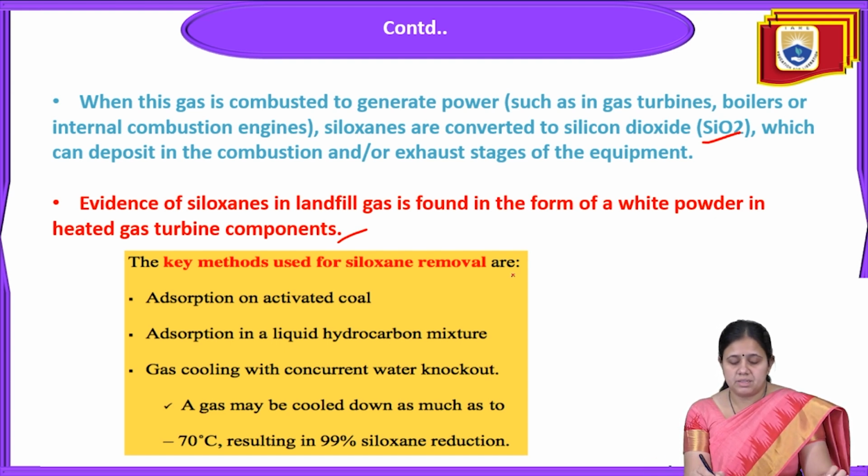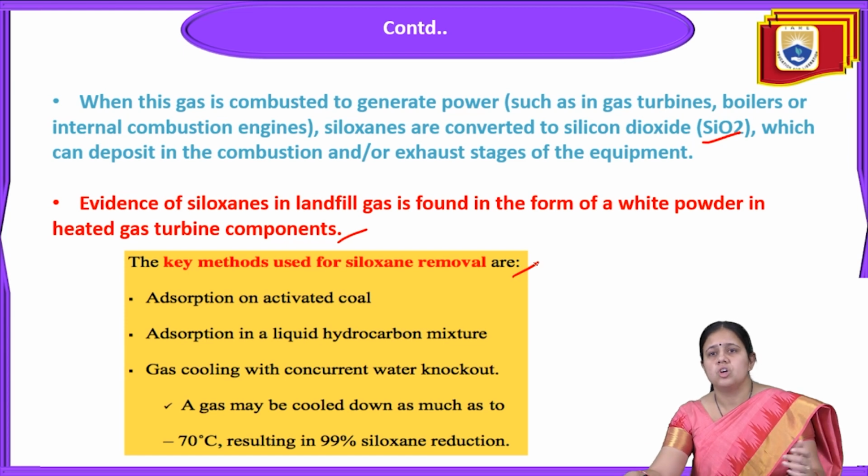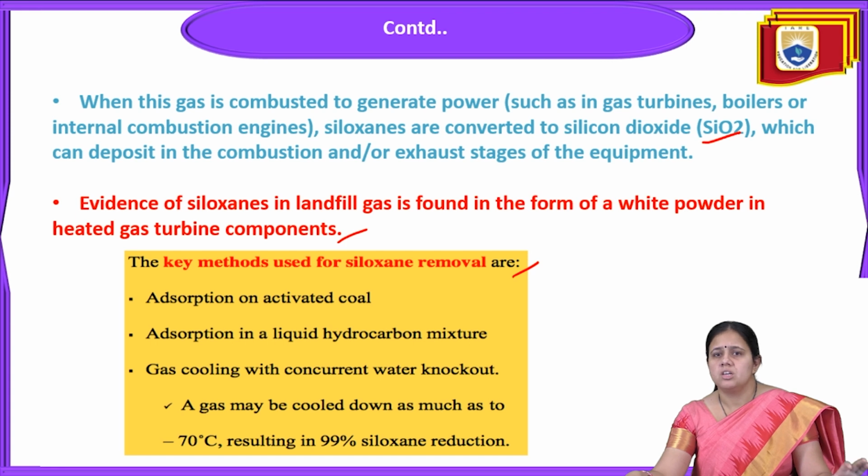So these are the key methods that have been used for siloxane removal. First is adsorption. Obviously adsorption is involved: adsorption using some activated coal, adsorption in liquid hydrocarbon mixtures, and gas cooling with concurrent water knockout.